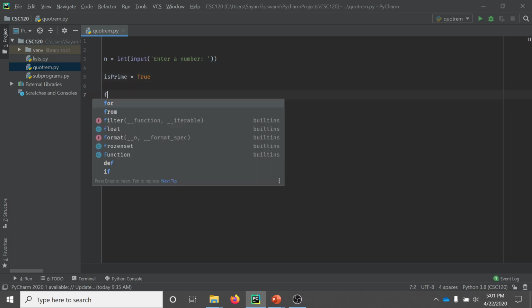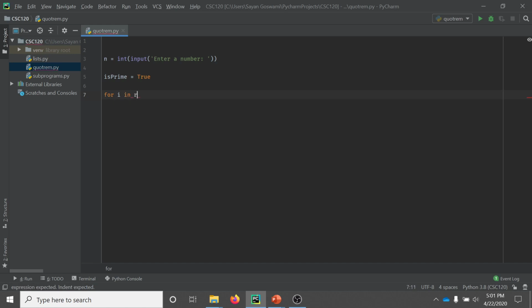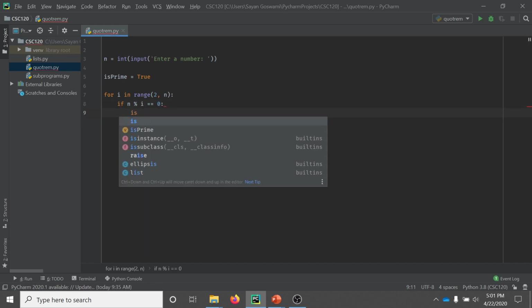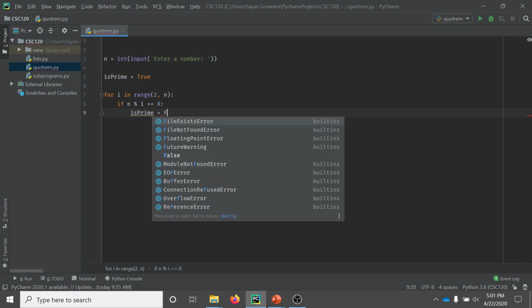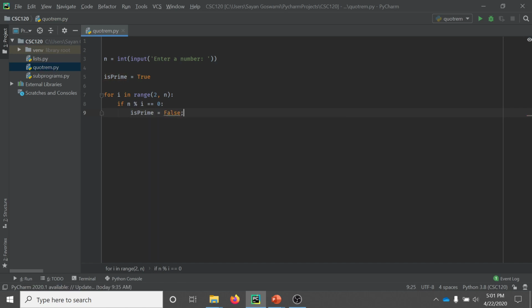And what we do is for i in range 2 through n, we check. So if n modulo i is equal to 0, then obviously is prime is false, because it's perfectly divisible. So is prime is false. We don't need to check any further.